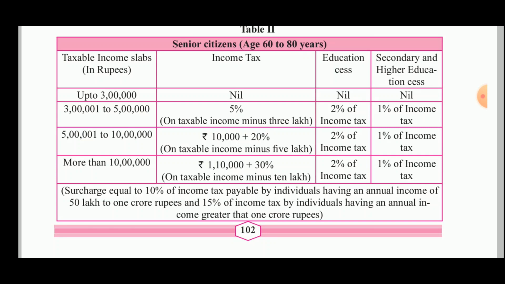Then from 3 lakh 1 rupee to 5 lakh, income tax is 5% on taxable income minus 3 lakh, 2% of income tax, and 1% of income tax as the secondary and higher education cess. From 5 lakhs to 10 lakhs, rupees 10,000 plus 20% on taxable income minus 5 lakh, and 2% of the income tax and 1% of the income tax.